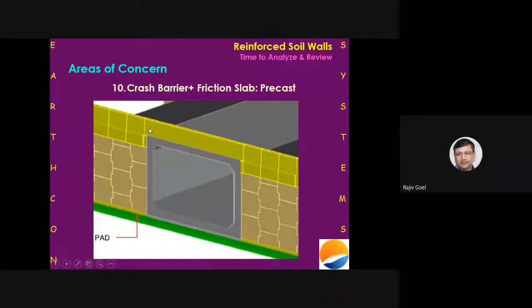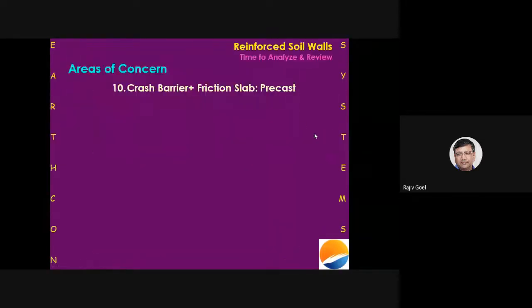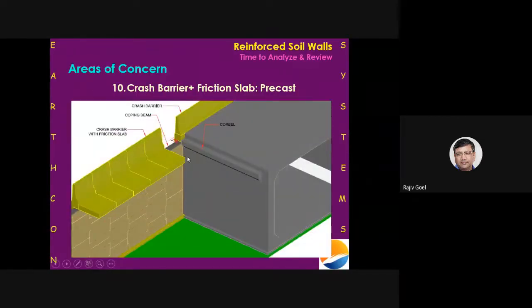So what we are doing here is that this crash barrier, which is part of the structure of the box construction, is extended by 300 millimeter on both sides. This 300 millimeter is actually the width of the corbel. In effect, if this length from here to here is 8 meters, my crash barrier length from here to here is 8.6 meters. The advantage is that I'm stopping this corbel about 500 millimeter inside.